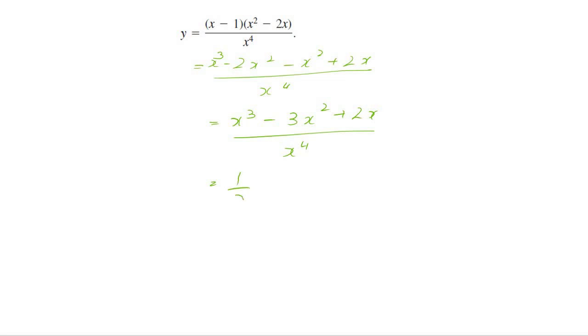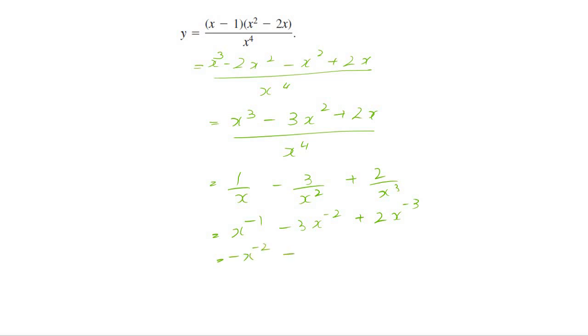So we get 1 over x minus 3 over x squared plus 2 over x cubed. Then we can bring all the x terms to the numerator and say x to the power minus 1 minus 3 x to the power minus 2 plus 2 x to the power minus 3. And now it's very easy to differentiate this. This is minus x to the power minus 2.